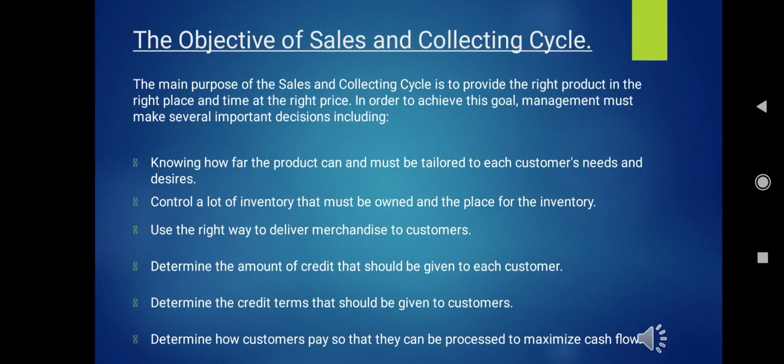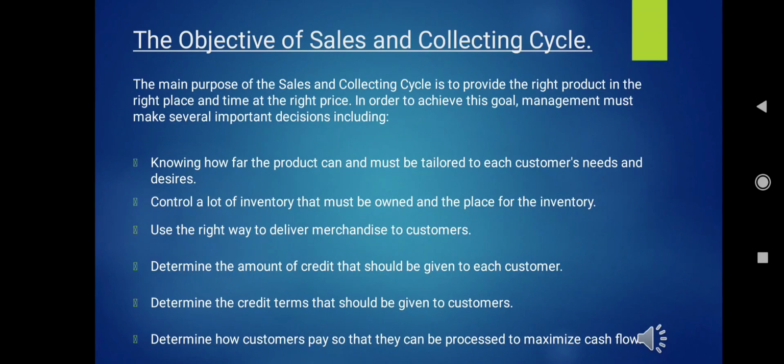Alright, after we just looked at the first slide, which is what is the sales and collecting cycle, we move on to the second, which is the objective of the sales and collecting cycle. The main purpose of the sales and collecting cycle is to provide the right product in the right place and time at the right price.